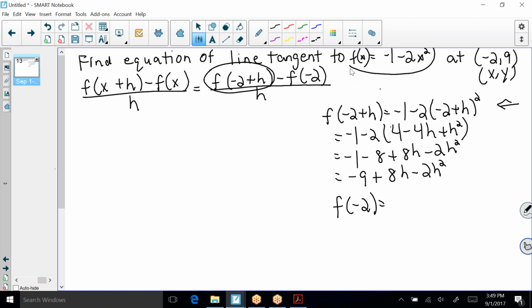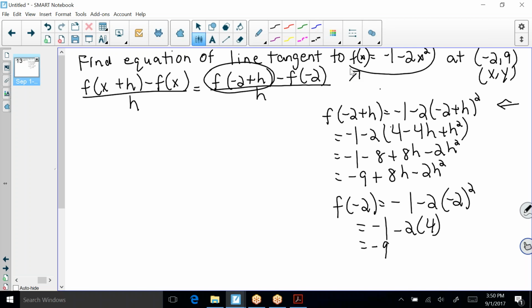So now we have to take negative 2 and plug it into our function f, everywhere we see an x. And remember, that's the function up here. So that's negative 1 minus 2 times negative 2 squared. And that's equal to negative 1 minus 2 times 4. And that's equal to negative 1 minus 8, which is equal to negative 9.